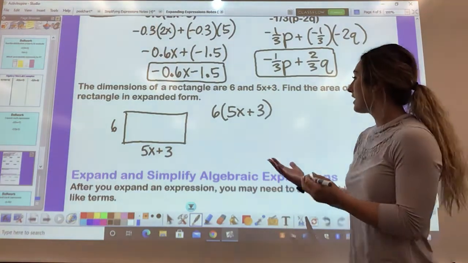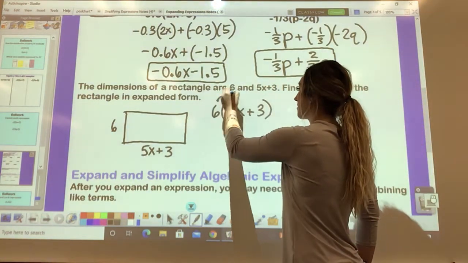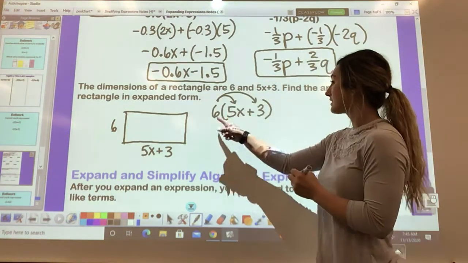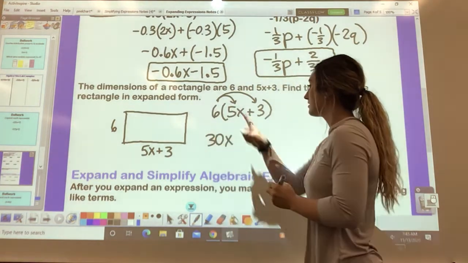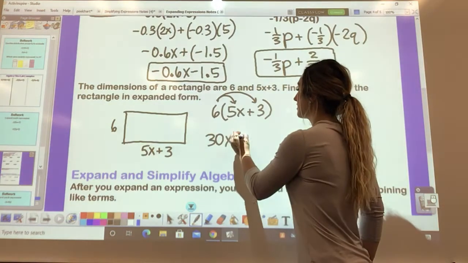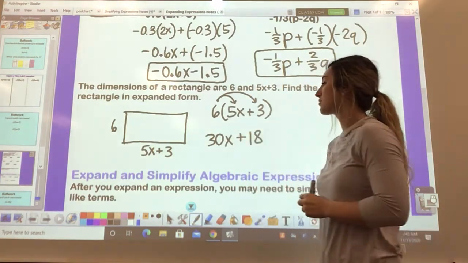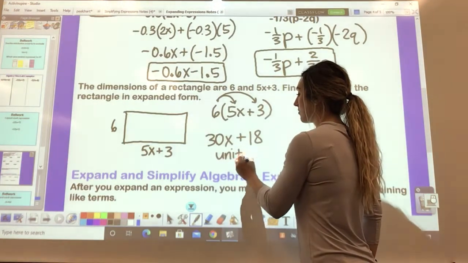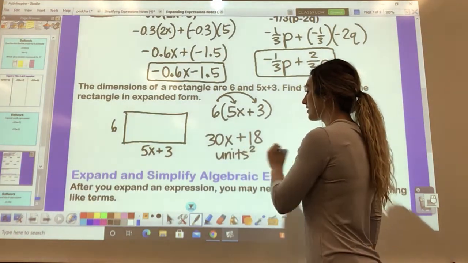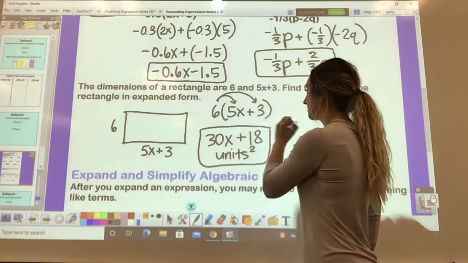And when we do that, just again, going back to the distributive property, 6 times 5x is 30x, and 6 times 3 is positive 18. So 30x plus 18, area is always measured in units squared, so I'll just label it units squared.